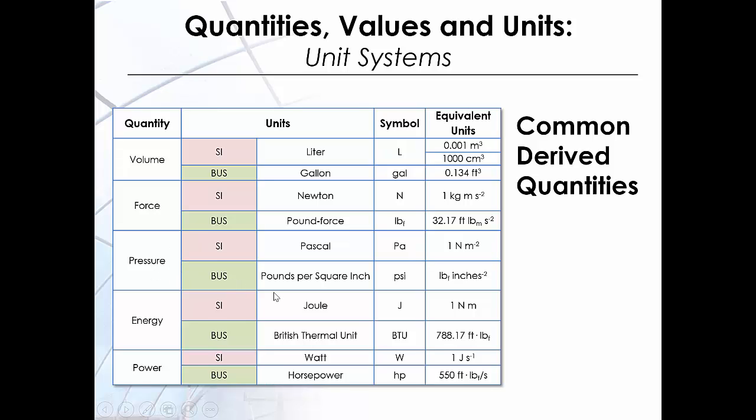The energy is represented by joules in the SI unit system, while it is BTUs, British thermal units, in the British unit system. The watt is used for power in the SI unit system, while horsepower is the unit for power in the British unit system. The table also presents the symbols used for units as well as the equivalent units in both unit systems.